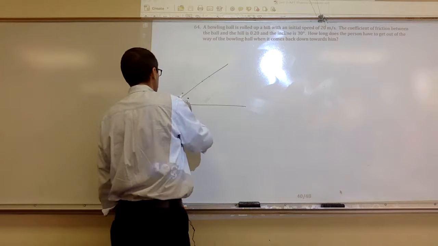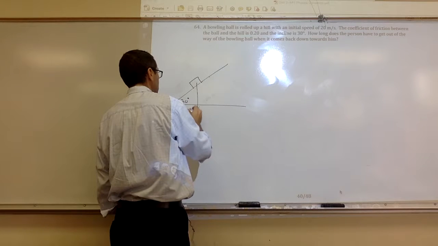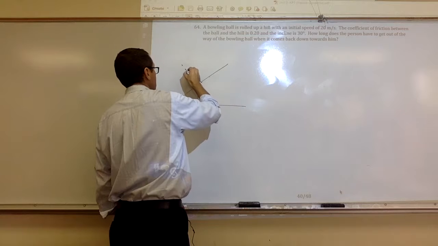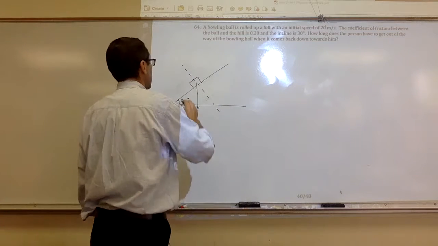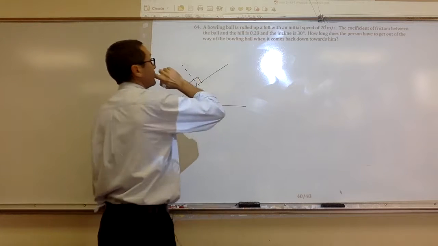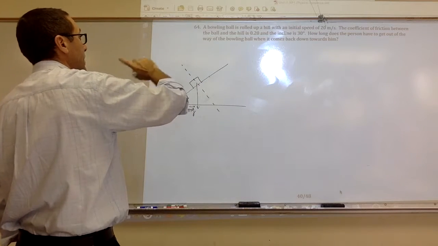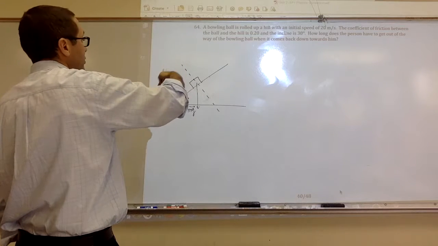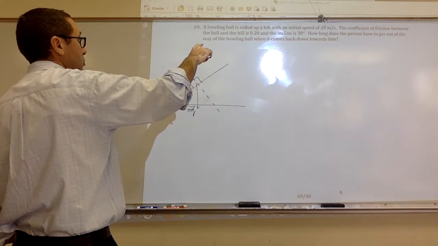So I'm going to put the object up here, and here is the mg, and here is the perpendicular line to the incline. And so initially it's going up the ramp, but there is no applied force on it. So it's just going to go up because of inertia, but the mg sine theta is trying to hold it back. So eventually it's going to come to rest and come back.